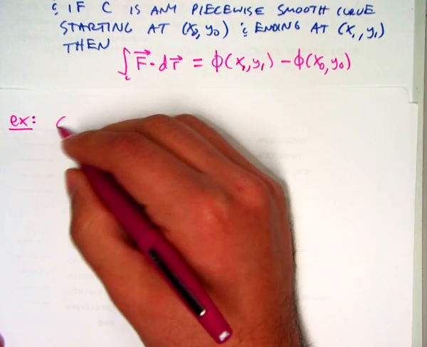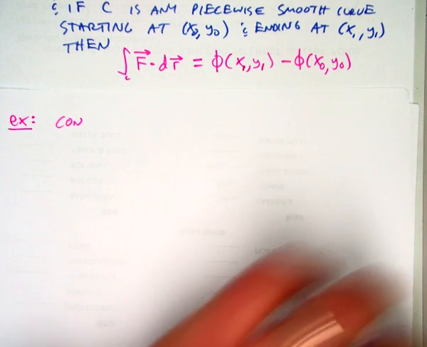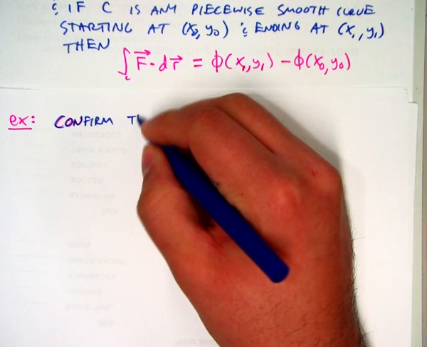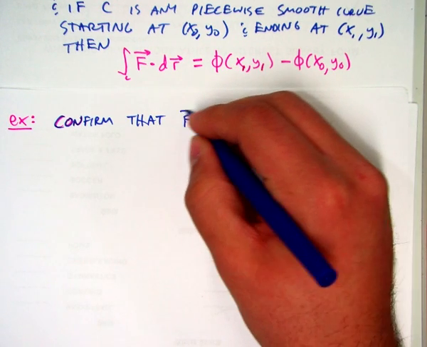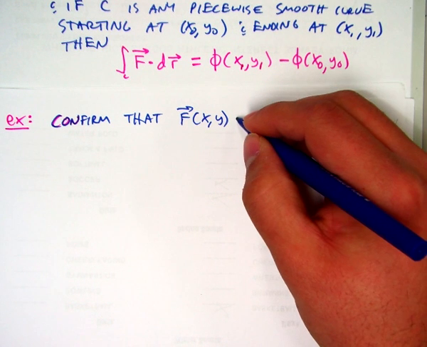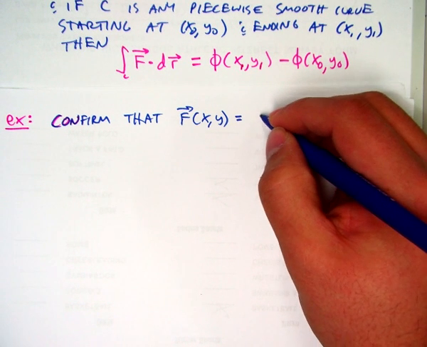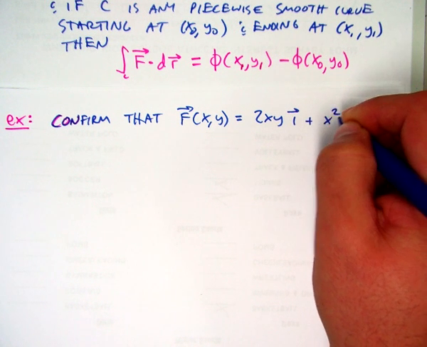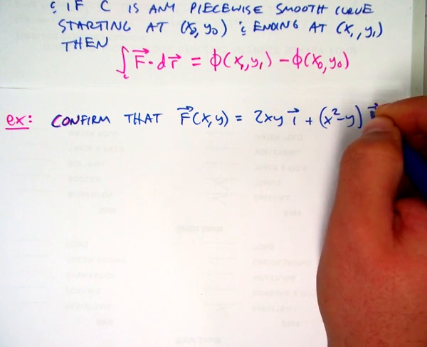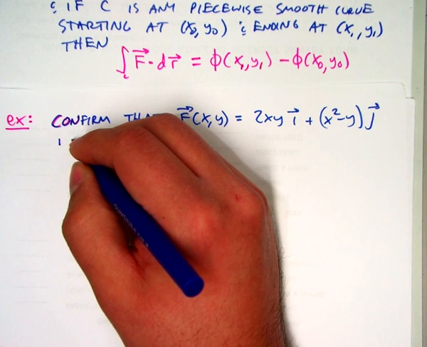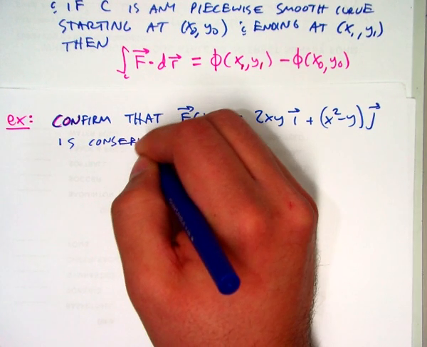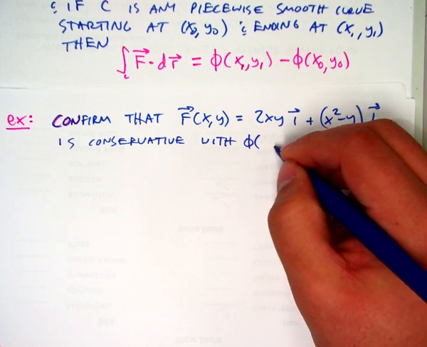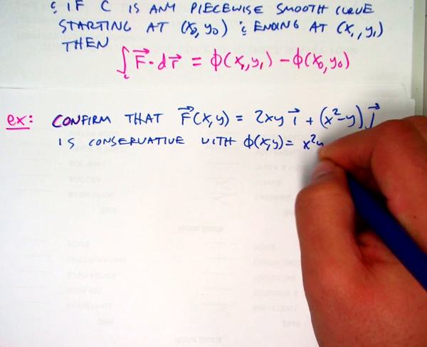So let's confirm that the vector field F of x, y equals 2xy i plus (x squared minus y) j is conservative with potential function x squared y minus 1/2 y squared.